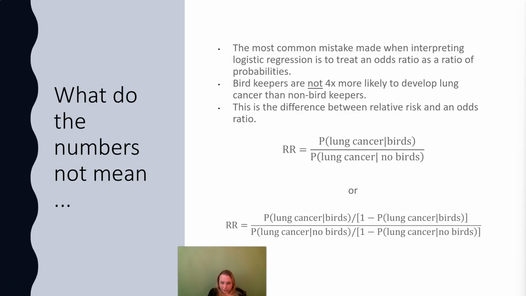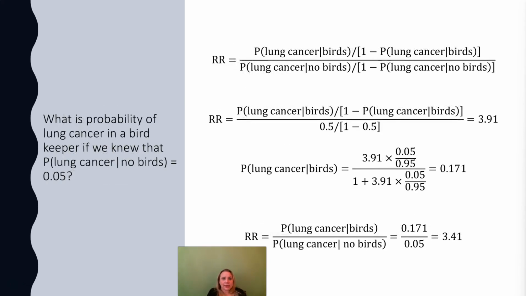So to try and find the probability that you have lung cancer in a bird keeper, suppose we knew that the probability that they had lung cancer given that they didn't have birds was 0.05. So this section right here is 0.05, and here we plug in 0.05, right?